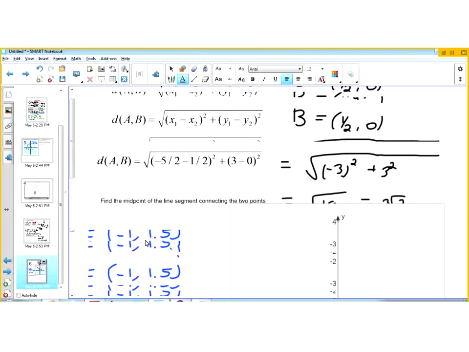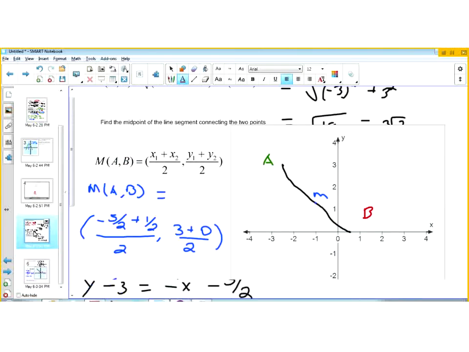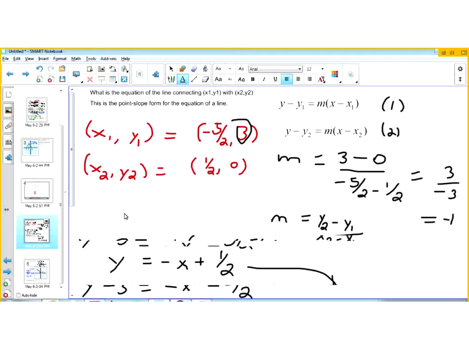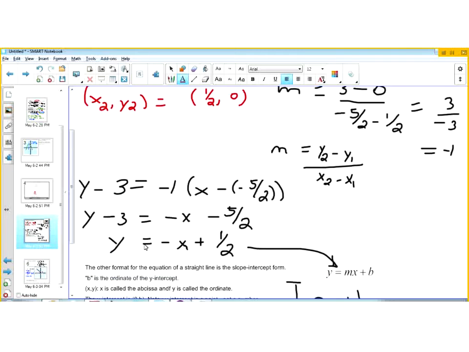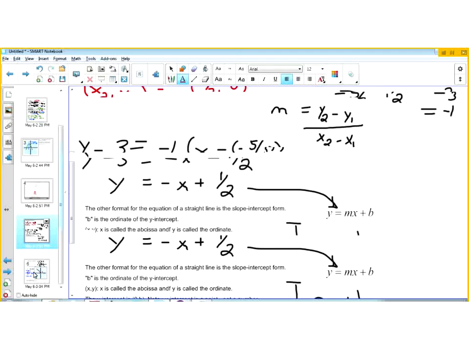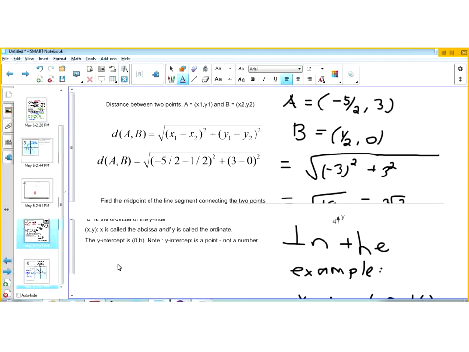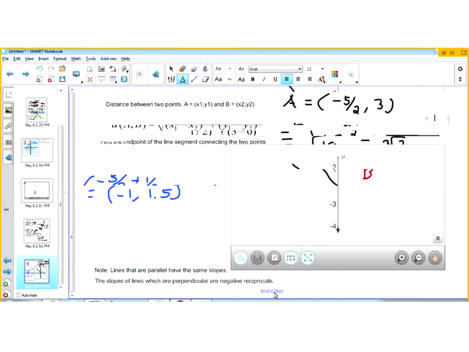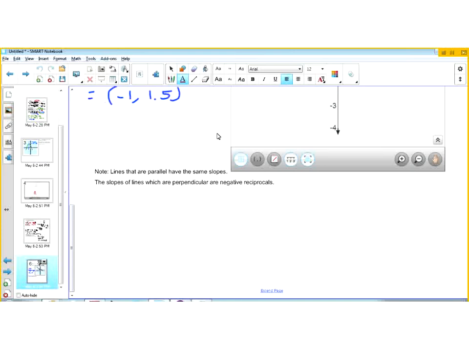Okay, so for instance, we had an equation back on one of the slides, right? Let's take this one: y is equal to negative x plus 1/2. Let's go to the next page, extend the page.